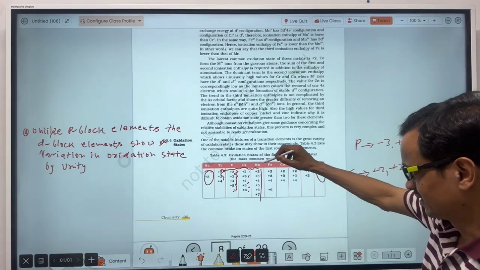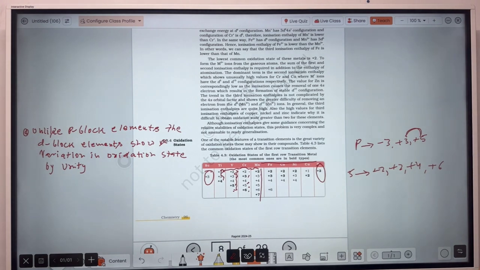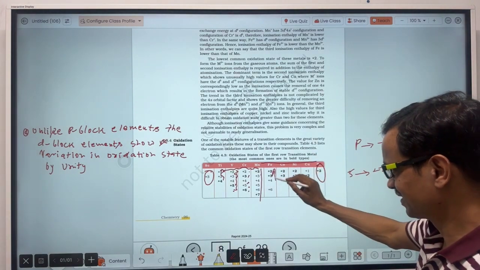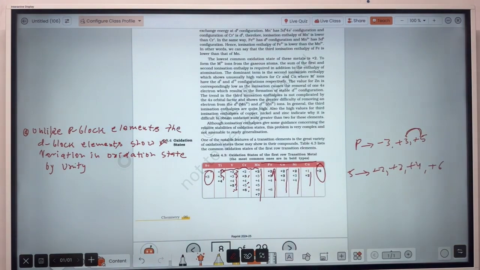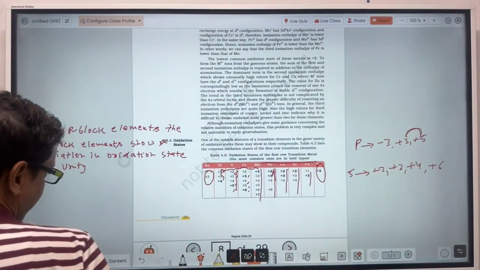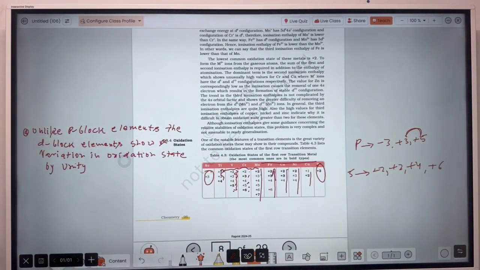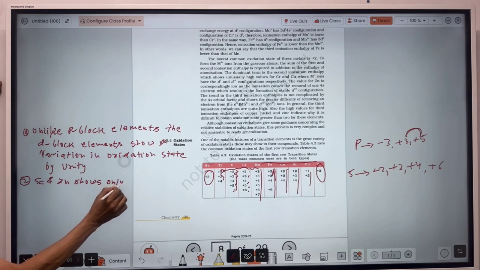And then after that, the number of oxidation states shown by a particular element starts decreasing: iron, cobalt, nickel, copper. So second point here is, scandium and zinc show only one oxidation state.